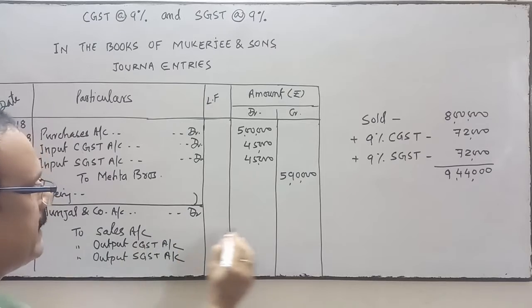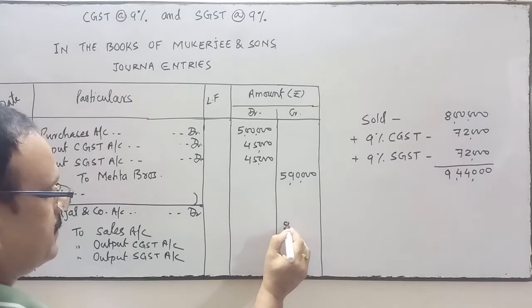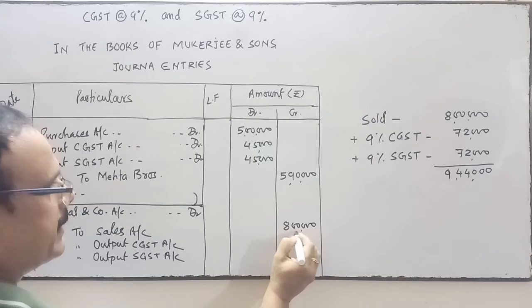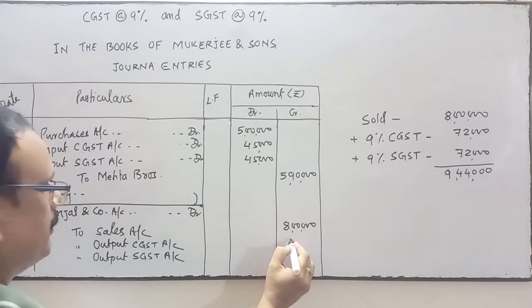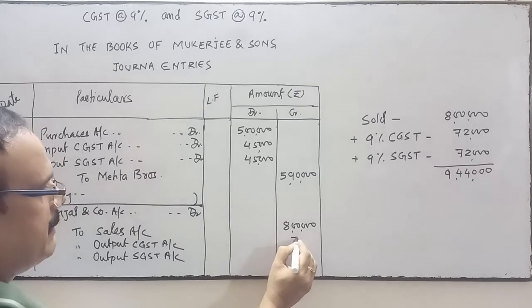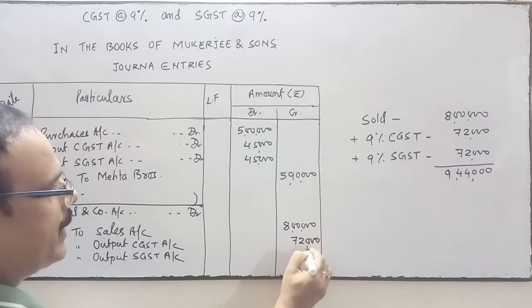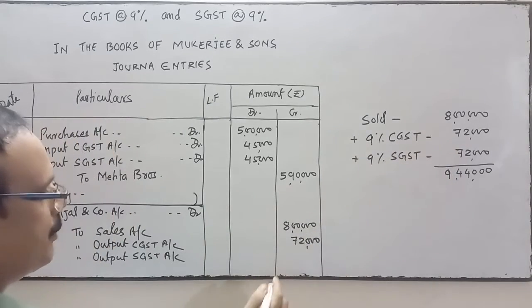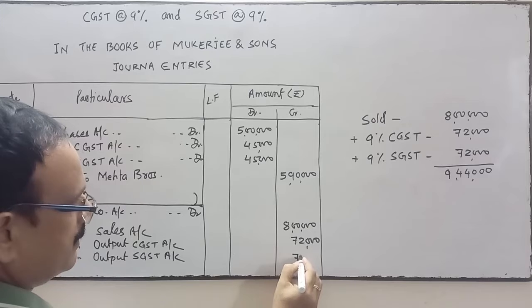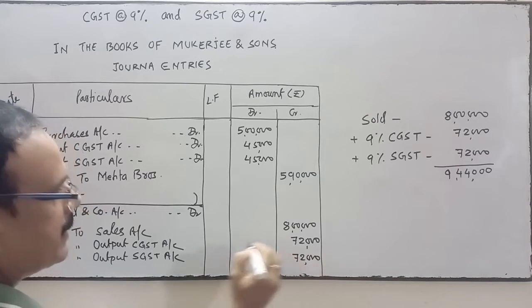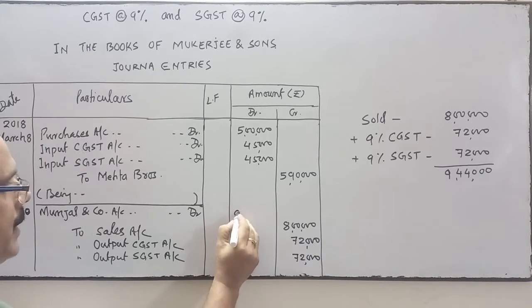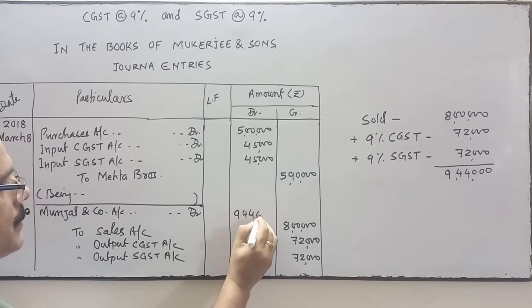The amount will be sales of rupees 8 lakhs. First we'll write the amount of sales, then output CGST 72,000, which we have already calculated at the rate of 9% on 8 lakhs, and SGST is also at the rate of 9%. Total 9,44,000.